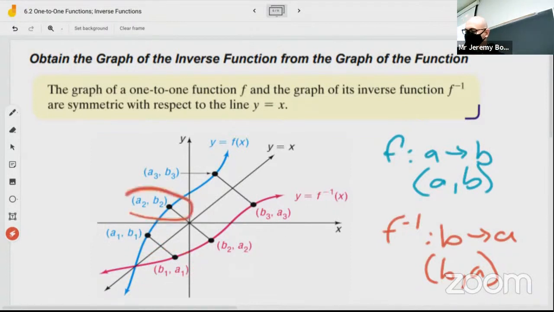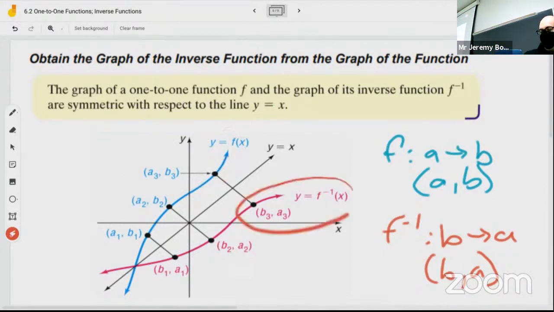You have this point right here, A sub 2, B sub 2. So the inverse is going to have B sub 2, A sub 2. And then it has the point A sub 3, B sub 3 on f, and so the inverse is going to have B sub 3, A sub 3. So all you do is swap the ordered pairs, just like we did for that first problem when we found the inverse. We had a set of ordered pairs. Same thing for a graph. You just swap the ordered pairs.